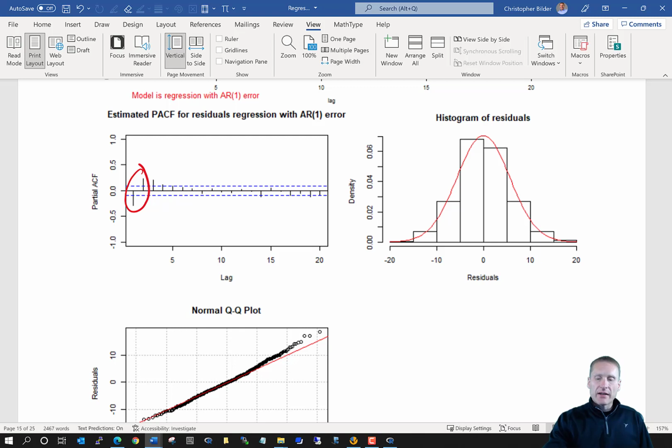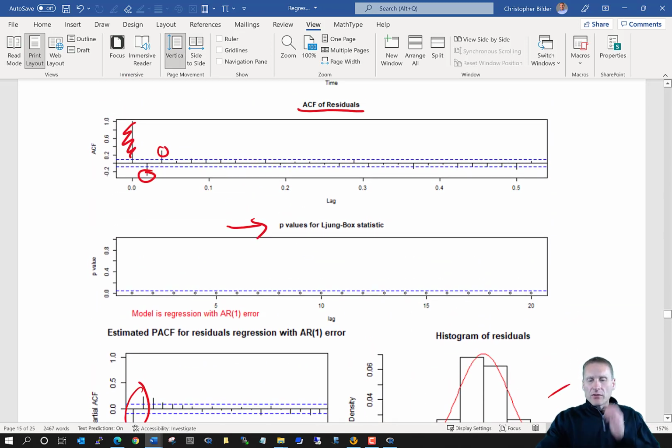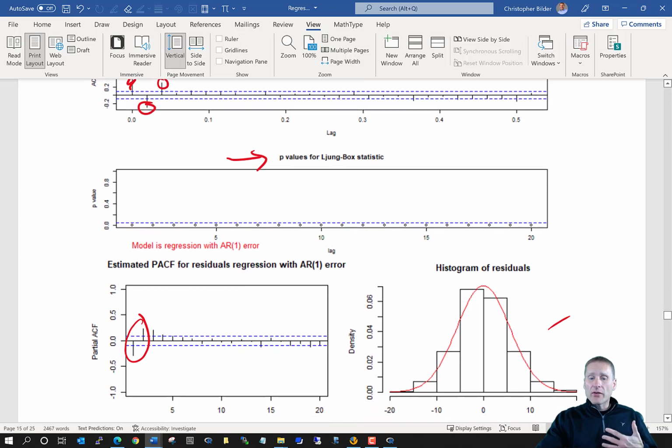The PACF plot also indicates that we have problems. Here's the histogram of the residuals, and the normal QQ plot, not too bad. Now, we should be able to take a look at these residuals, and that should guide us to how we can make changes to our model so that it is satisfactory.